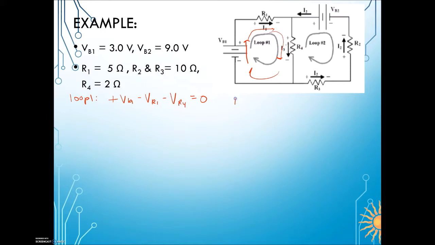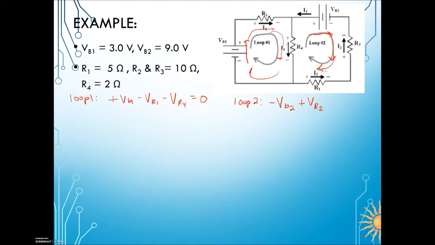If I take a look at loop 2, I always like to start at the battery. It doesn't really matter where you start your equation, but I'm going to start here at the battery. Notice that I'm traveling across the terminal from positive to negative, so that's a negative voltage, or a voltage loss, at battery 2. Then I'm going in the opposite direction to the current I said was flowing in the resistor, so that's a positive voltage at R2.